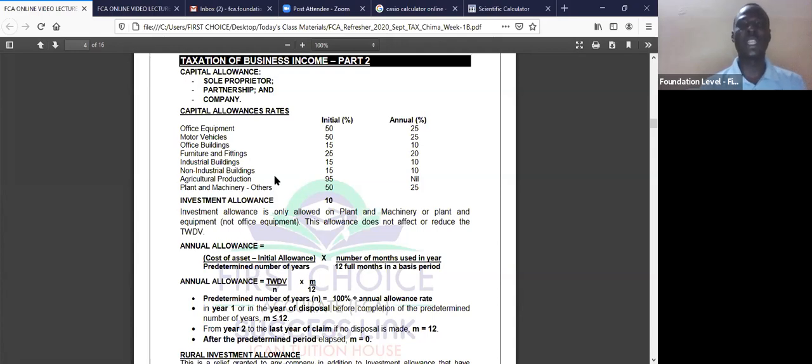But for the first year, you didn't spend the whole year using the truck. So that 1.25 million has to be prorated according to the number of months used in the basis period. So we classify it as M. M is the number of months, 5 months, all over 12 full months in the basis period. So when you do that, you will know your annual allowance for the first year.